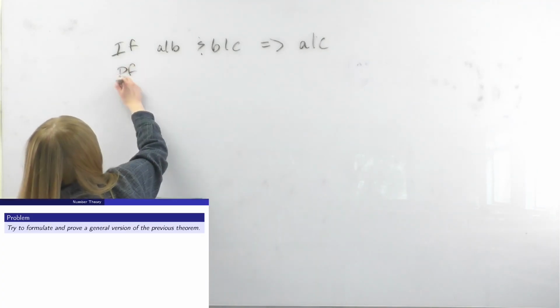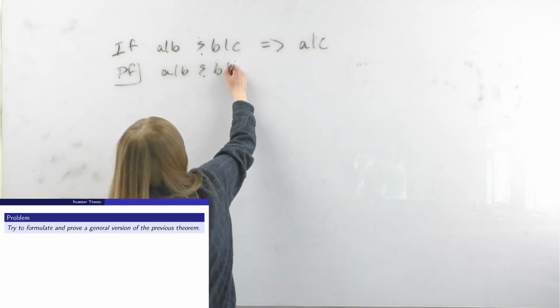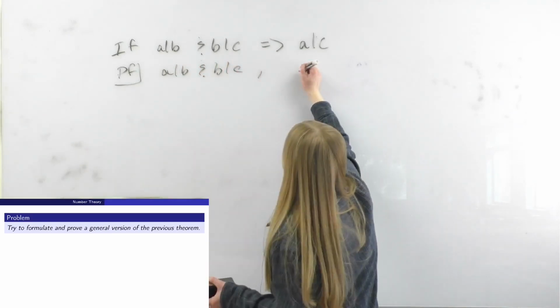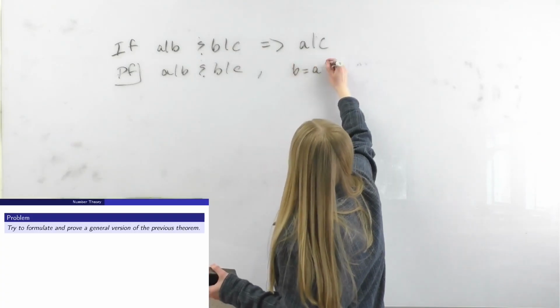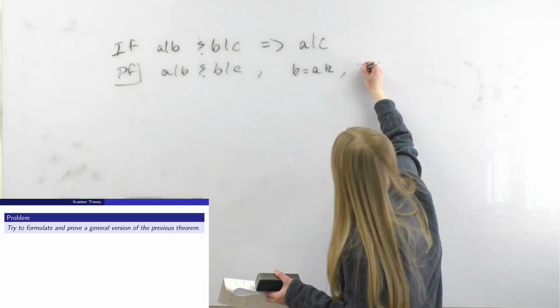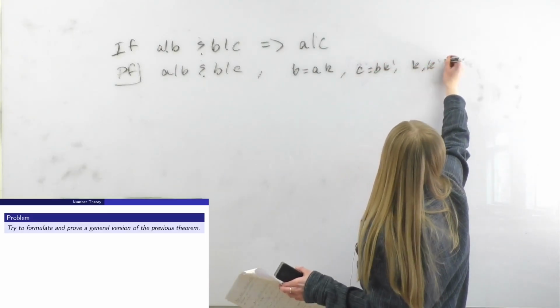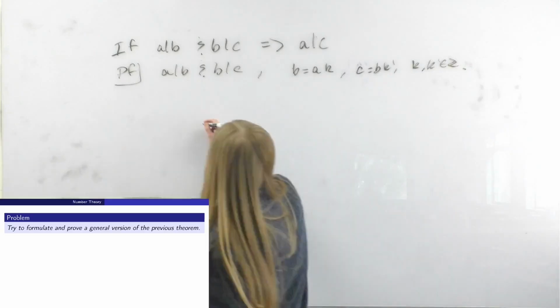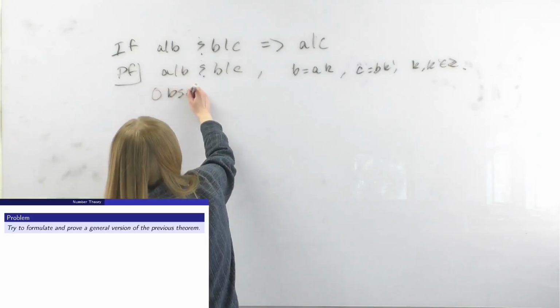So we can prove this. Given that A divides B and B divides C, we know that B is equal to AK and C is equal to BK prime for some K prime in Z. So we can observe. I like using observe.